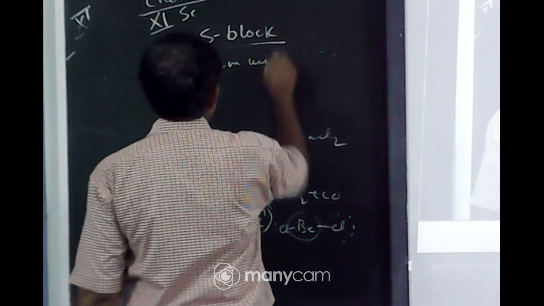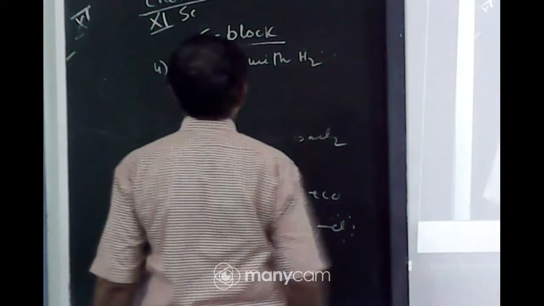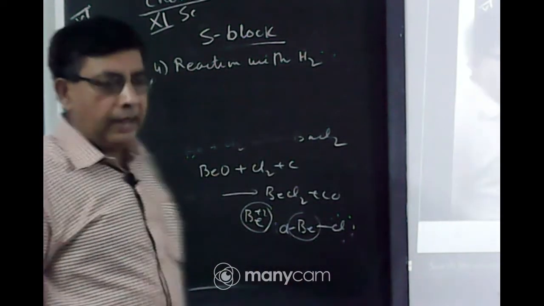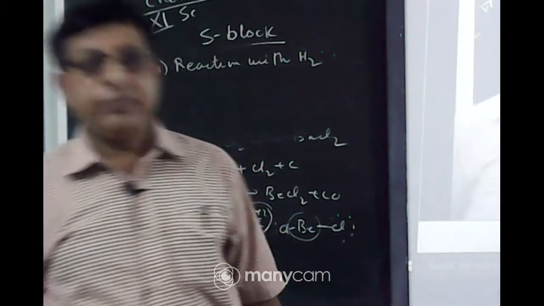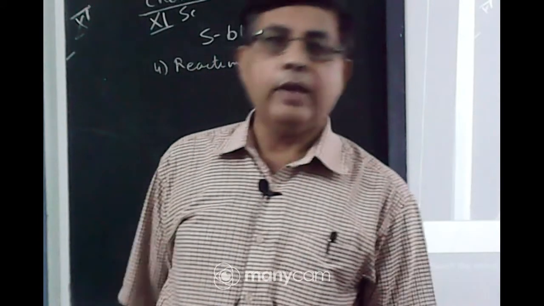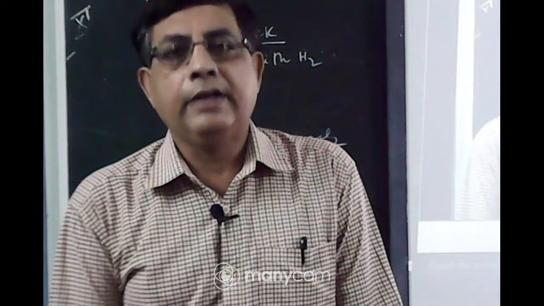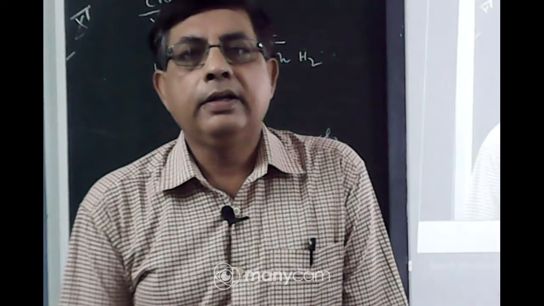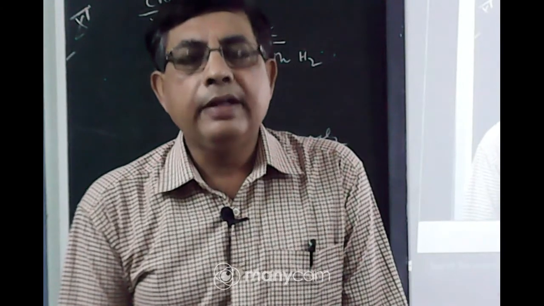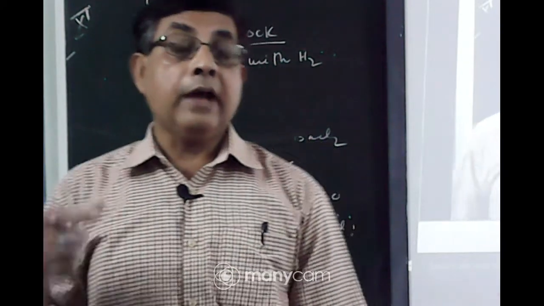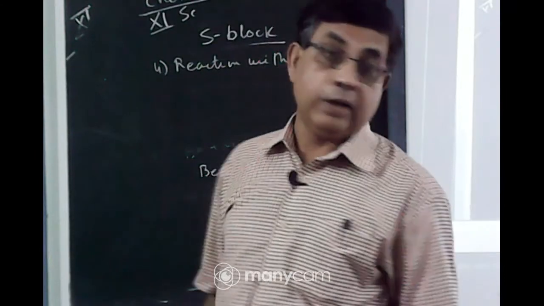Reaction with hydrogen. All the alkaline earth metals except beryllium directly combine with hydrogen to form hydrides, say magnesium hydride, calcium hydride, and barium hydride. All these hydrides react with cold water to evolve hydrogen gas again.